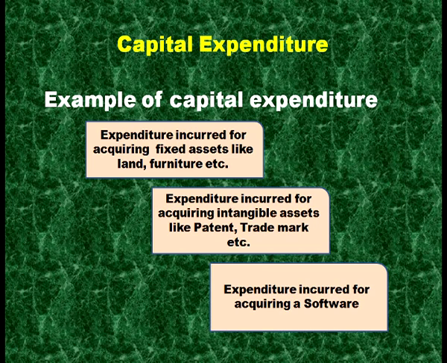For example, royalty, patent, trademarks, all these things. So, the expenditure incurred on buying a patent or a technology also comes under capital expenditure. And also expenditure incurred for buying a software. Software, if you buy, it will be used for a number of years. So, obviously, it comes under capital expenditure.